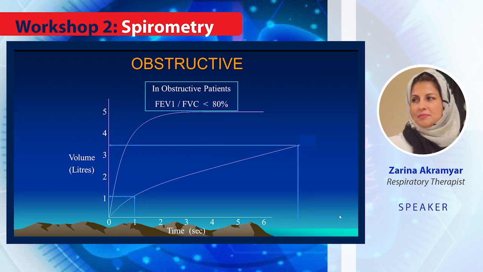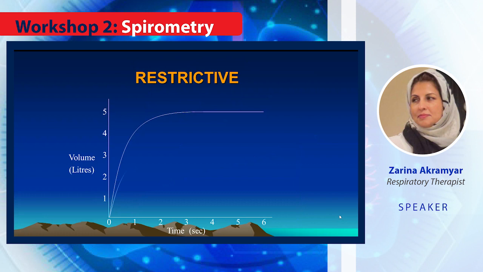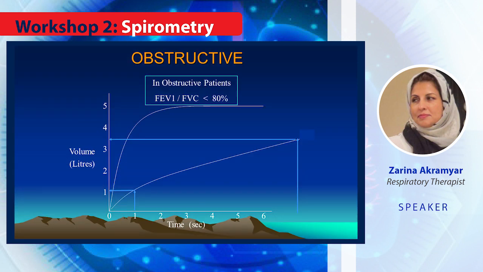You see, the exhalation is linear. The top is the normal person, and the obstructive patient is blowing like that. Look at the FEV1: in the first second, how much did he blow? 1 liter, very low. So the ratio FEV1 over FVC of course drops, because the FEV1 is very low.